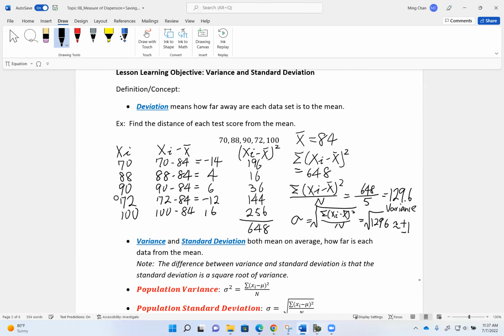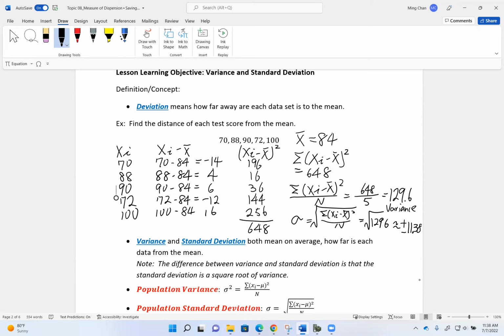Positive negative 11.38. Because in algebra class, when you take a square root on both sides, your answer should always be positive or negative. Okay, so this positive negative 11.38 means on average, each data value is about 11.38 places away from the mean.